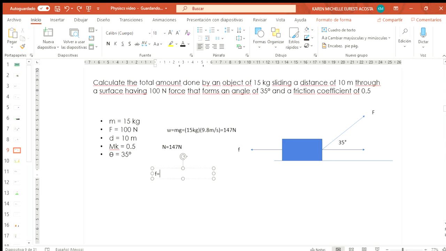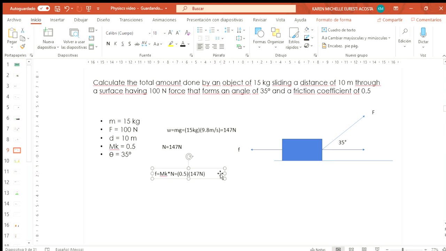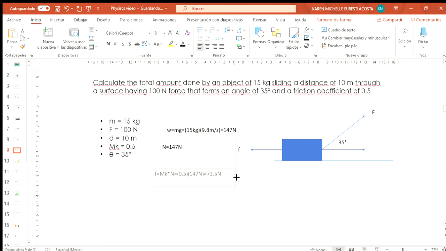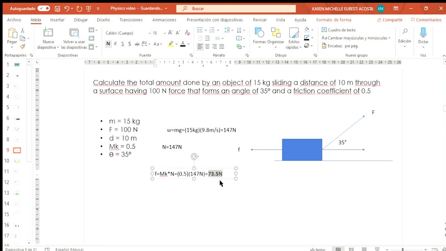Friction is equal to mu k, the coefficient of friction, that is 0.5, times the net force, sorry, so 0.5 times 147 newtons, and this is 73.5 newtons. So we have the friction here.